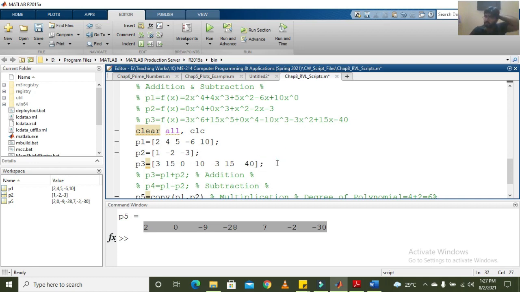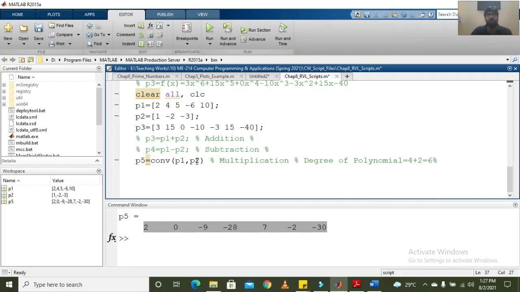So now I have 3 polynomials and I want to multiply them. In the conv function we can only multiply 2 polynomials. So in order to multiply the third polynomial, I will have to define another polynomial, let's say P6, and I will have to use the conv function again, but this time on P5 and P3.